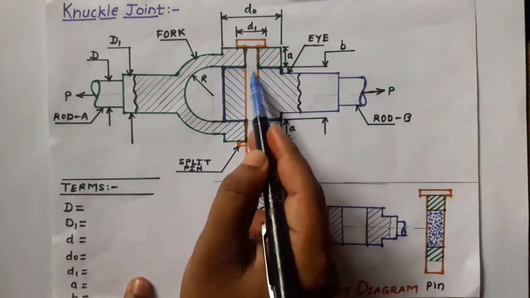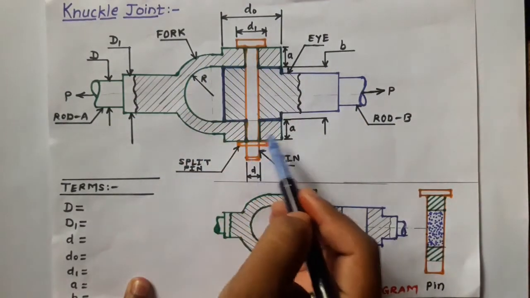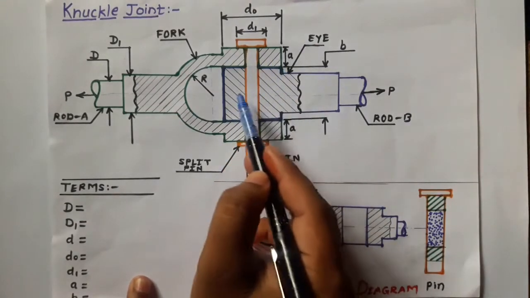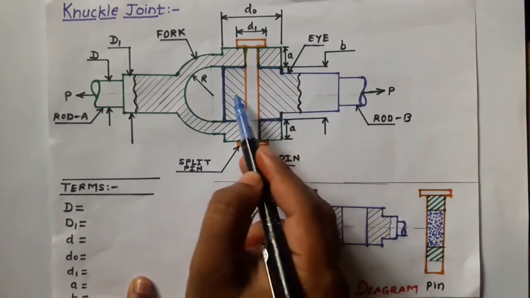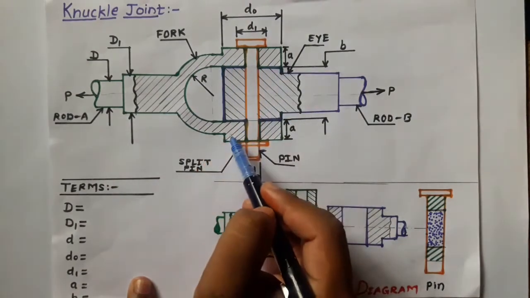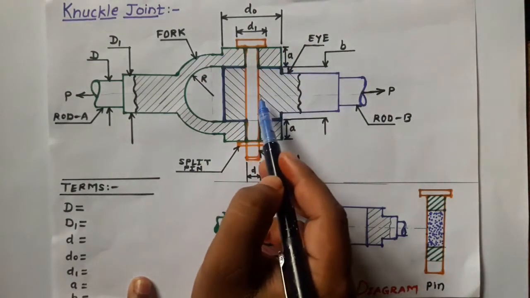This fork has two ends, which have a feature like a hollow cylinder, and this eye end also has a feature like a hollow cylinder. So this fork as well as this eye has an outer diameter and an inner diameter.